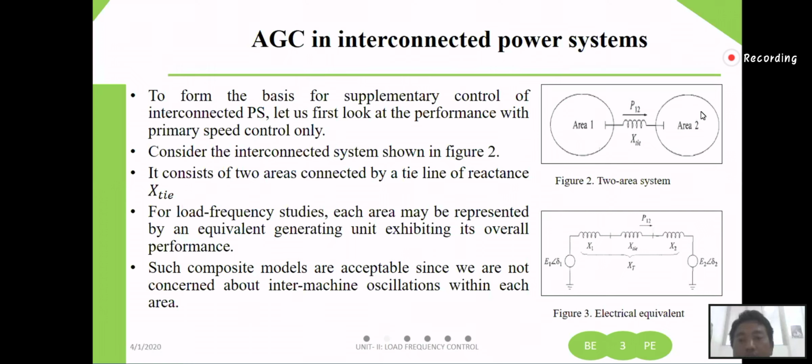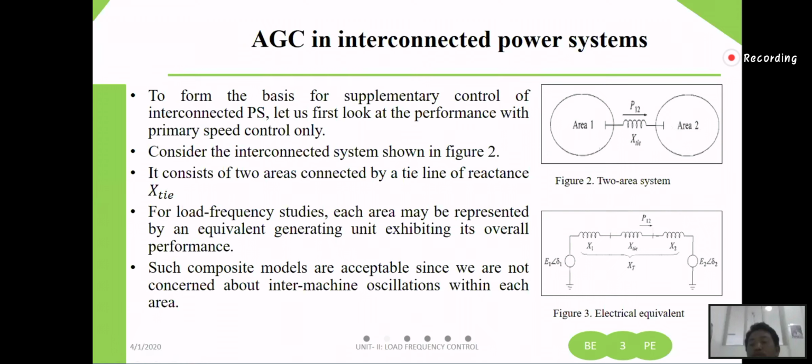First, let's consider, as a basis, a two-area system, area 1 and area 2. We will not go for all. For example, let's take area 1 to be the Chuka hydropower plant and area 2 to be the Tala hydropower plant.